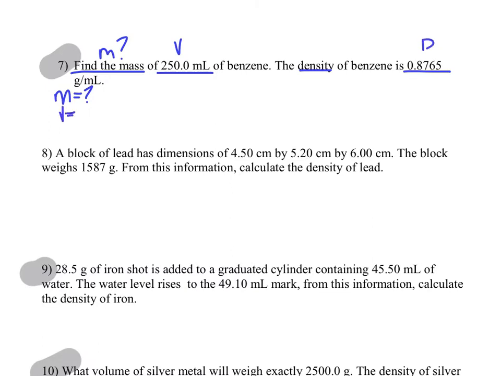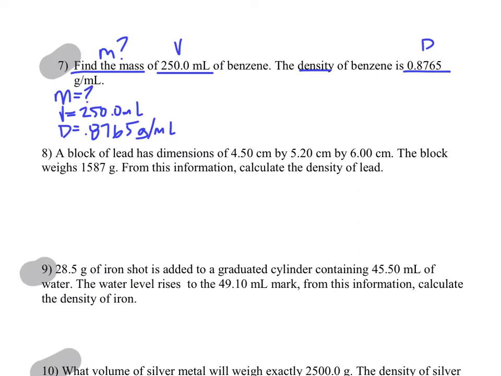So on the left, your volume is 250, and your density is 0.8765. Now remember not to round your answers until the final solution. The more you round it now, the more off your final answer will be. So leave your density as 0.8765.